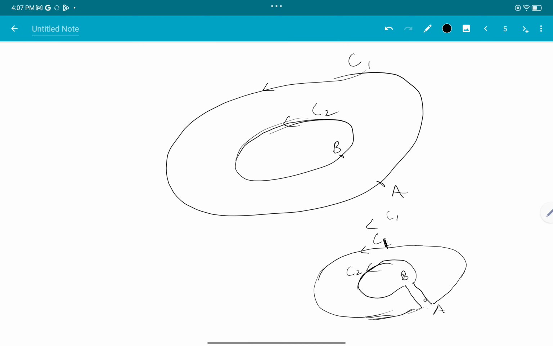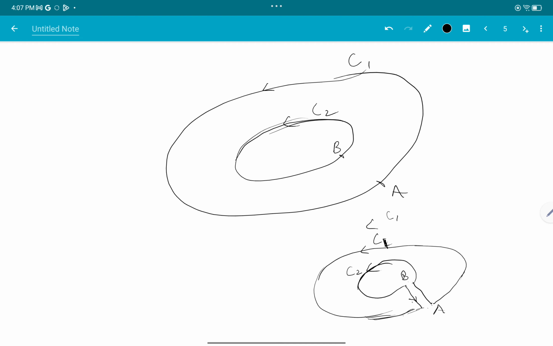Now imagine you have added a new path, some segments of a new path. It comes like this here, and then it goes like this, but this goes against it. This goes in a direction that is opposite to it.